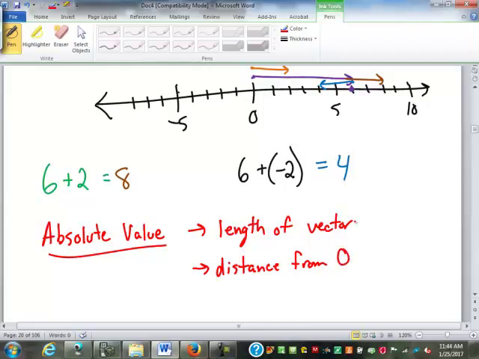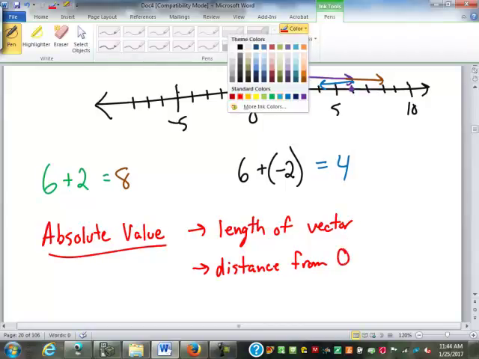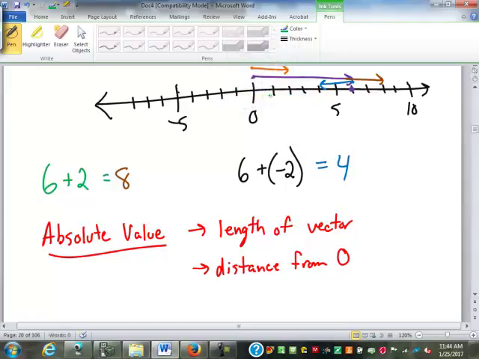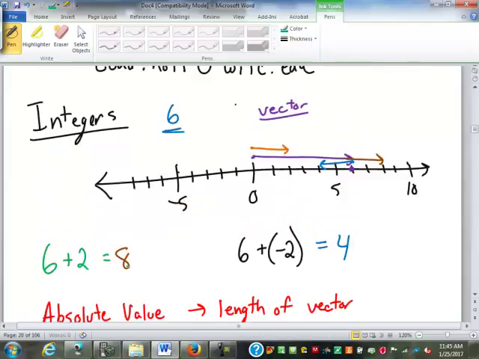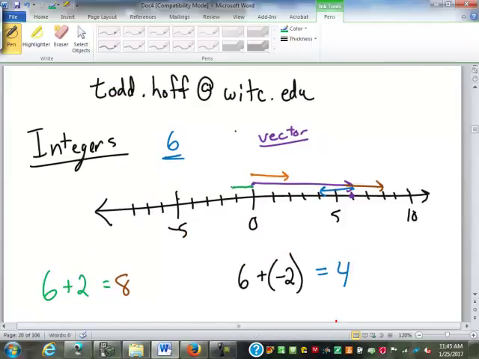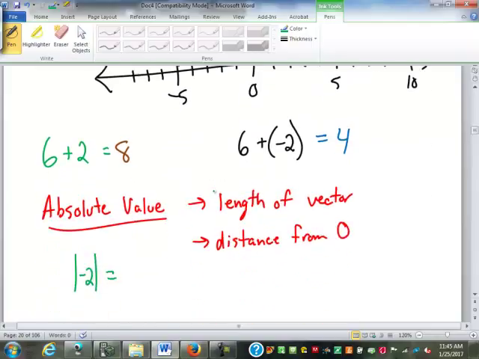Well, either one of those, whether we're measuring a length or whether we're measuring a distance from 0, are going to be positive. So the absolute value symbol is just those vertical lines like that. That's the absolute value operator. The absolute value of -2, well, the vector for -2, as we saw, is 2 units long. So its absolute value is 2. So the absolute value is the length of that vector.